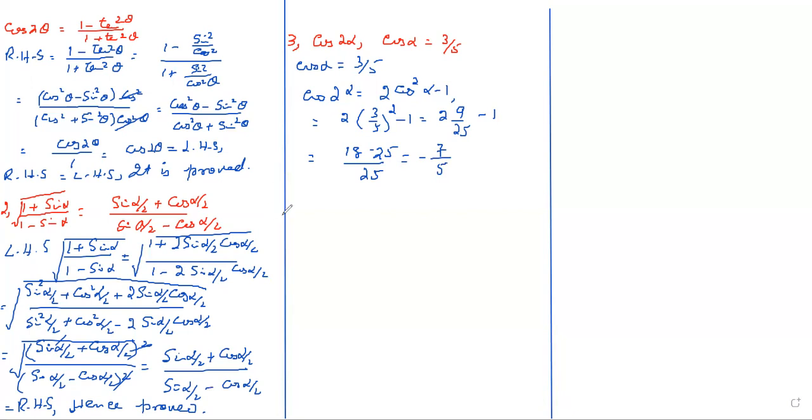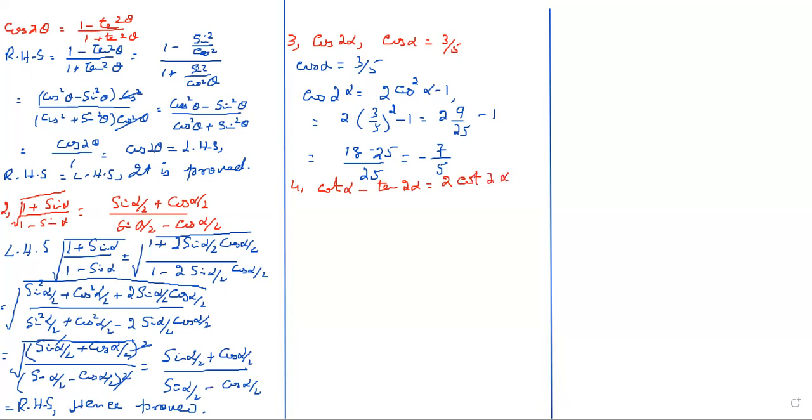Now comes question number 4. Prove that cotangent alpha minus tangent alpha equals 2 times cotangent 2 alpha.